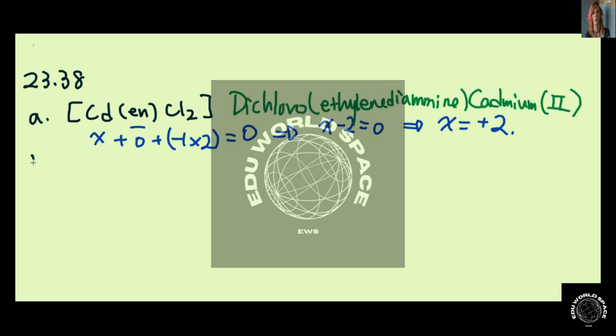Now let's look at question B. We have K4[Mn(CN)6].